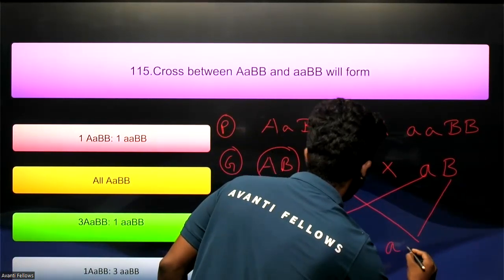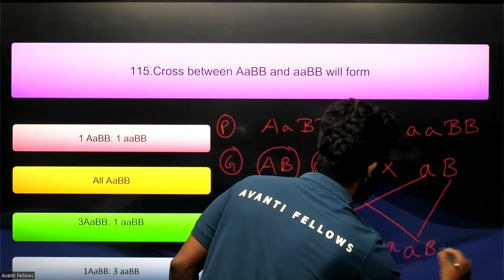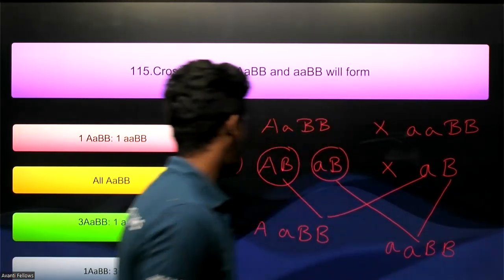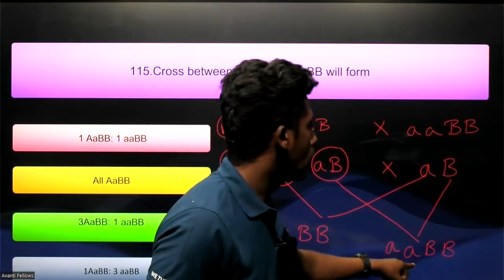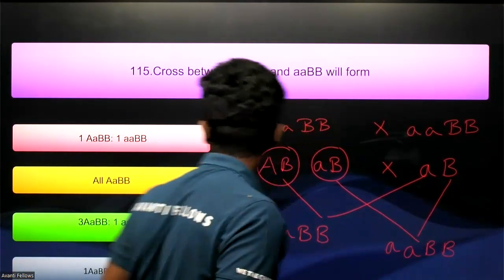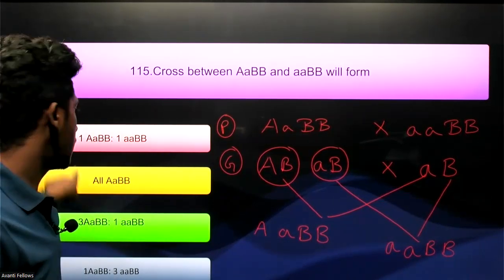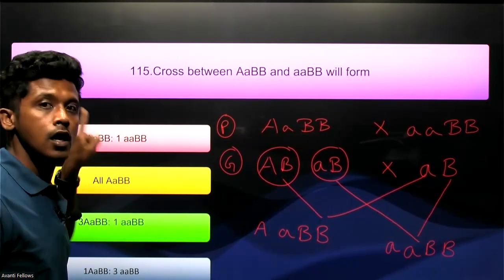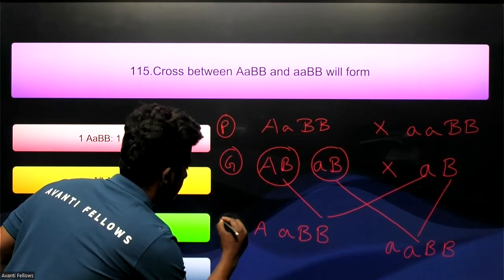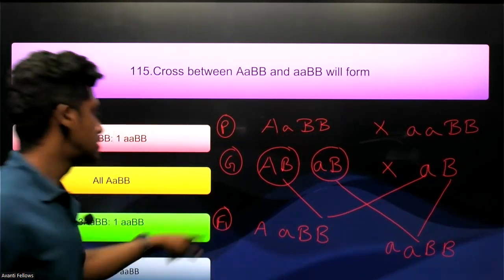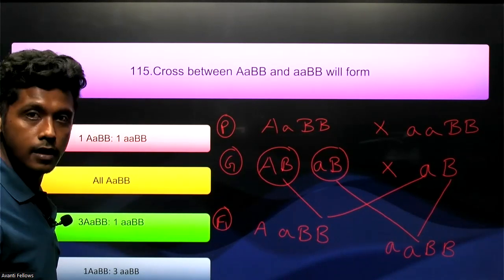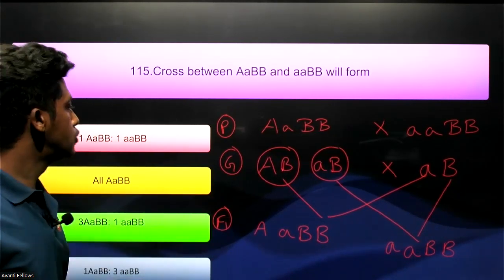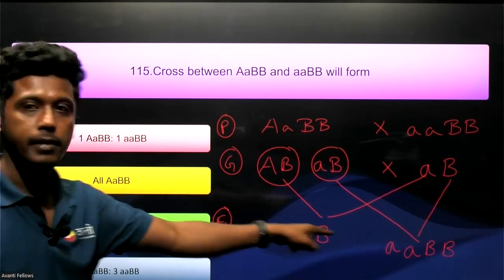We get small a, capital A, capital B, capital B. Let us say this is the F1 generation. In the F1 generation, what do we get? We get AaBB as one, and the other individual would be aaBB.